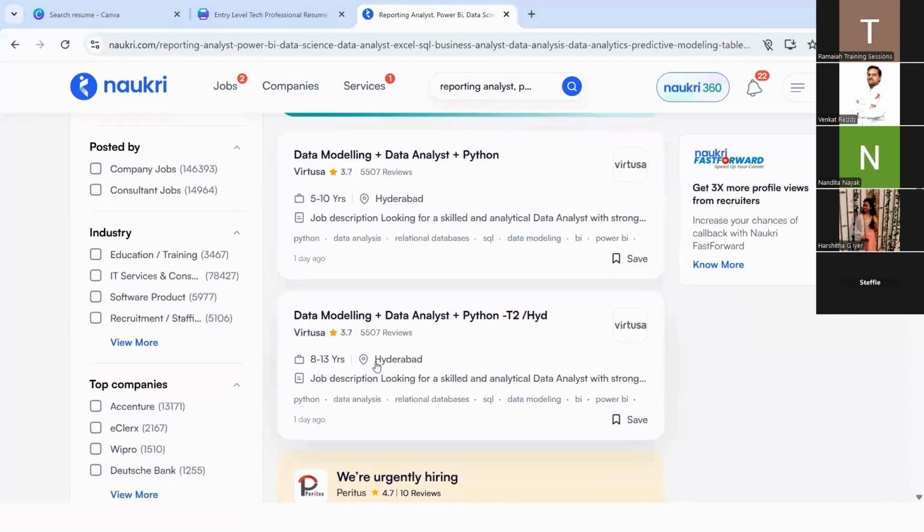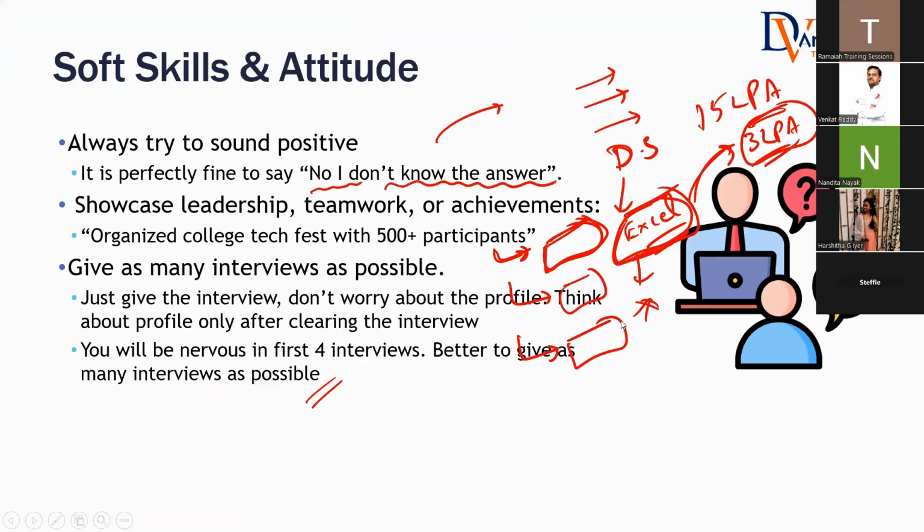Whatever is related, well and good. Even if it is not related, go ahead and give it. That will help you to practice. Maybe in your fifth or sixth interview, you will give your best explanation and your most confident way of speaking. Where you are lagging, you will understand yourself when you give as many interviews as possible.